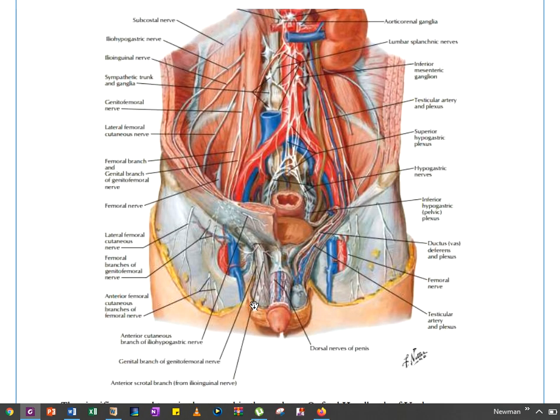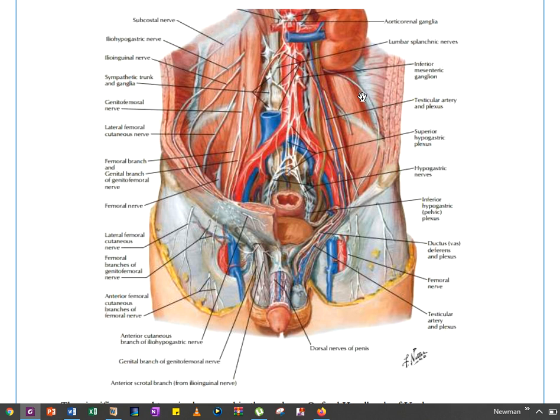So this is the same thing. You can see the nerves which are here around the ureter. Let's say someone may have a ureteric stone, but the pain is referred to the scrotum. Look, here we have this nerve, and here we have another one.